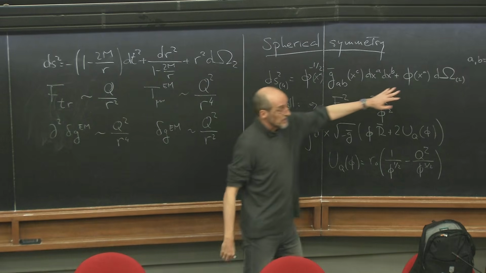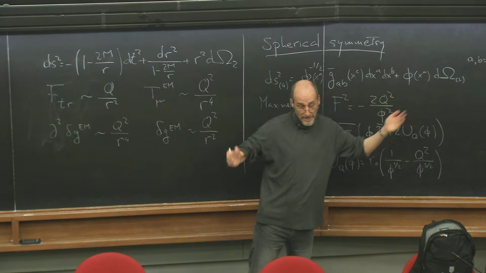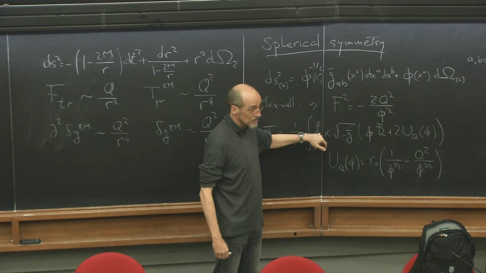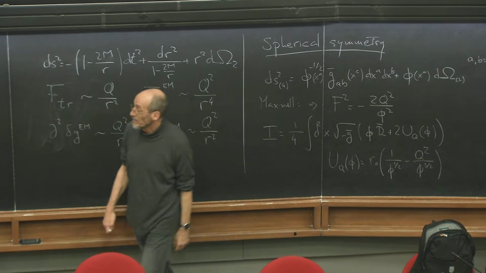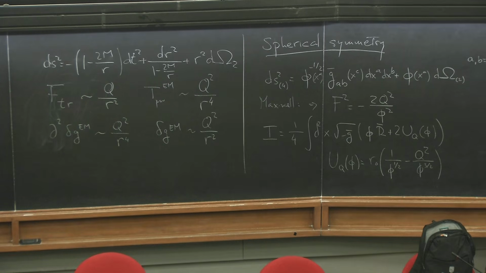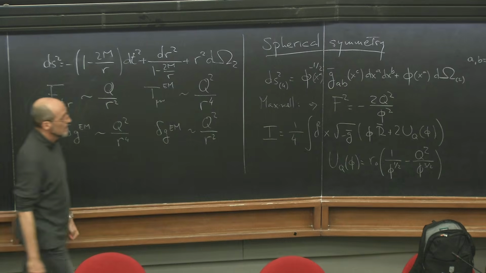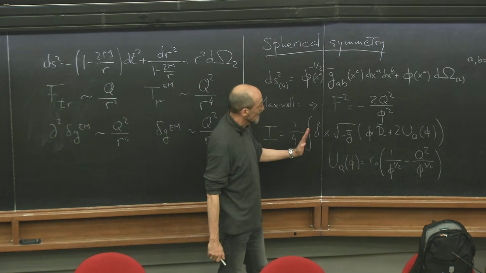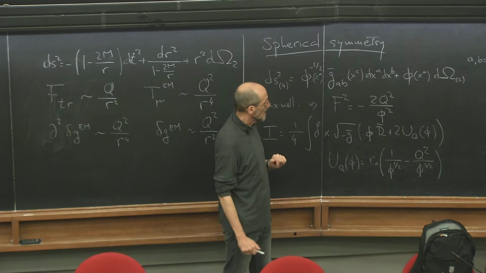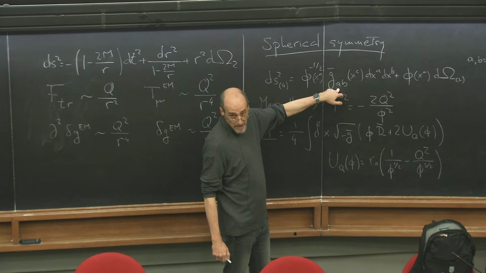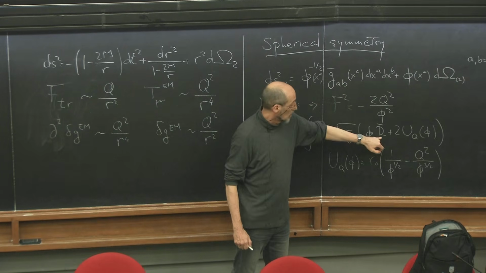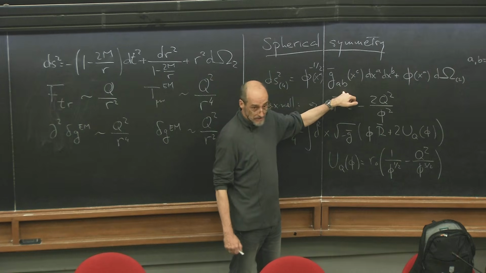We integrate over the directions of the sphere. It gives us a 4 pi that cancels a 4 pi in the denominator over here. So that's integrated. Those are cyclic directions. Then we get here the scalar curvature of this metric.